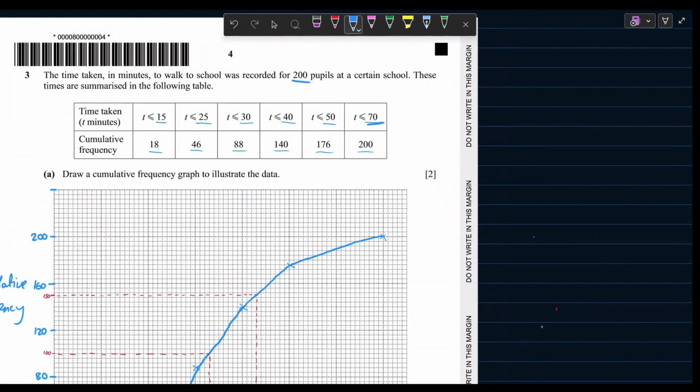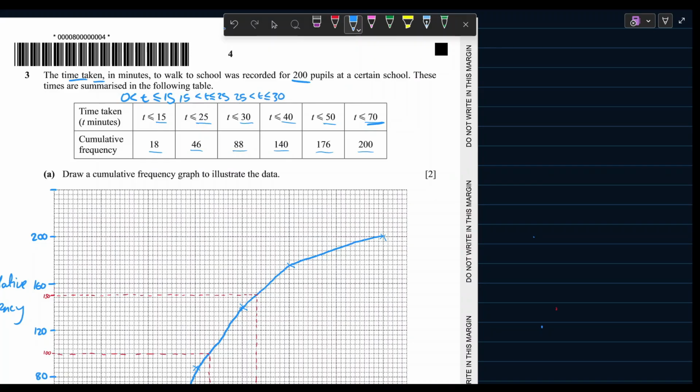So here they've just given us the upper bound of each class, but we can deduce the lower limit of each class. This first class is technically starting from 0 and going all the way up to 15. And then the next class should be from 15, and this is going up to 25. Then the next class is from 25, and this is going up to 30.